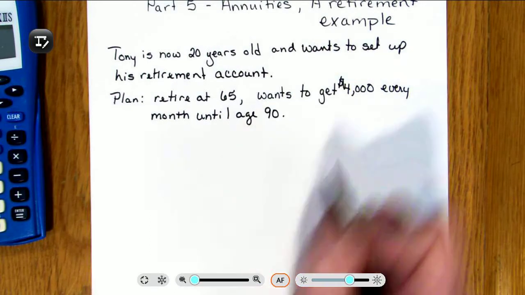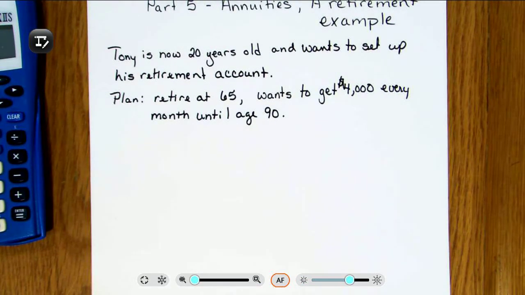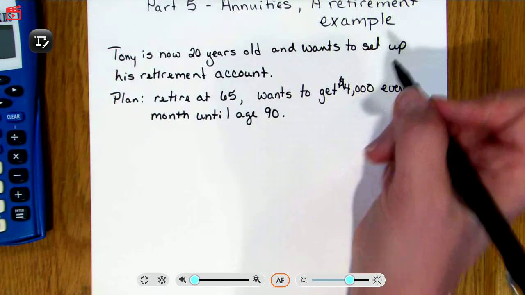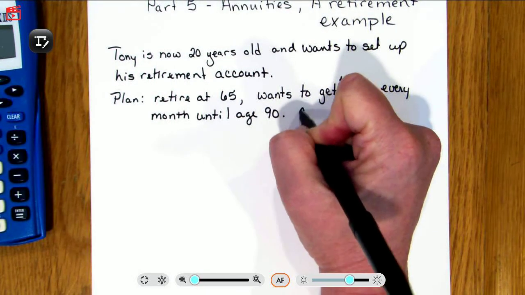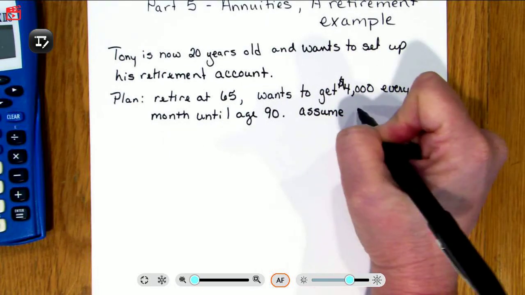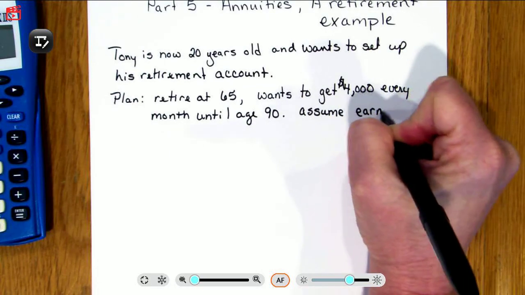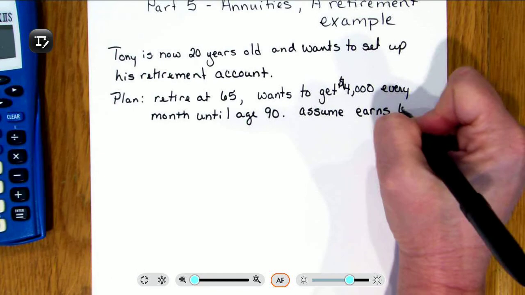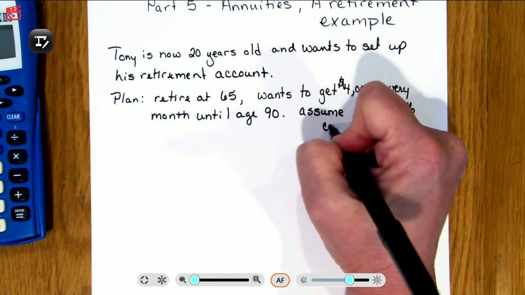So he's going to guess that he's going to live to age 90. Once he's past 90, this account will be gone, and he'll have to figure out some other form to live off of. So we're also going to assume here that this piece earns 6% compounded monthly.